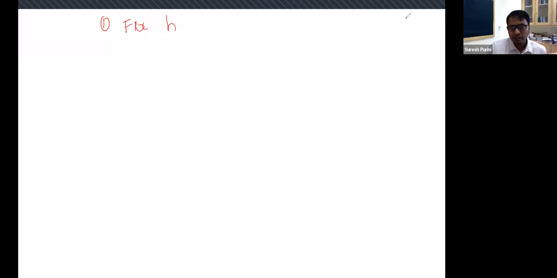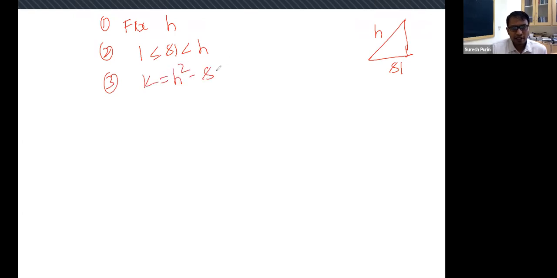We pick H, and H is fixed. We fix the hypotenuse and we want to check for that hypotenuse. There is the side S1, and side S1 can go from 1 to H. So we pick a particular value of S1 and then we have K equal to H square minus S1 square. The question is, we compute K and check if K is a perfect square.